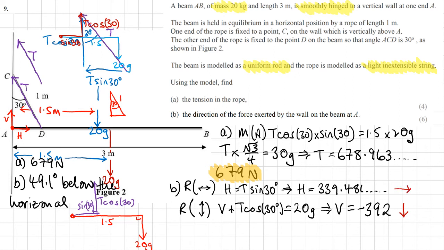So this is where I'm going to use trigonometry. So basically I've got two forces, a horizontal one of 339.481 and a downward one of 392, and I want to work out what the angle of that is. So I need to work out what this purple one is.